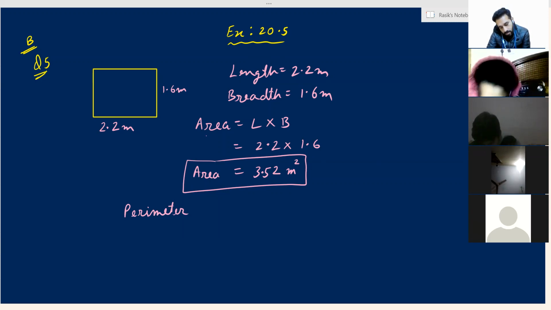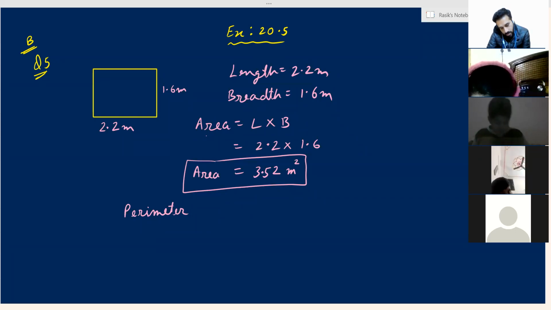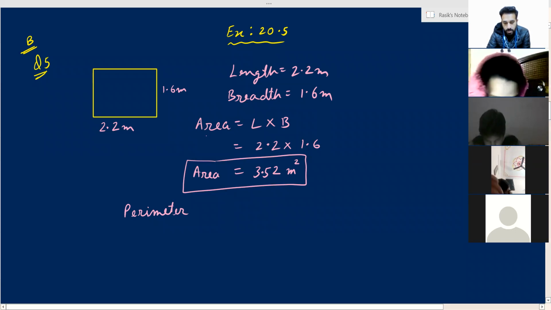Okay, sir, I am sending again. Arnav, your answer is correct. Sir, I think that my answer is wrong. I have cut my answer. The area is correct, 3.52 meters square. This is the same answer you have got, na? Sir, by mistake I have cut it. I have to do it again.